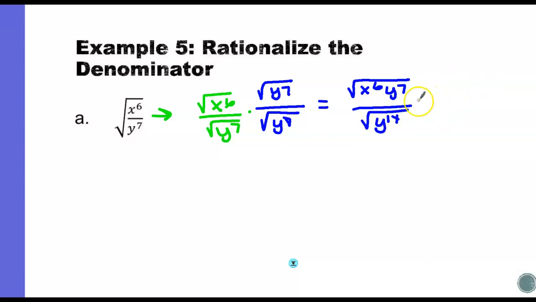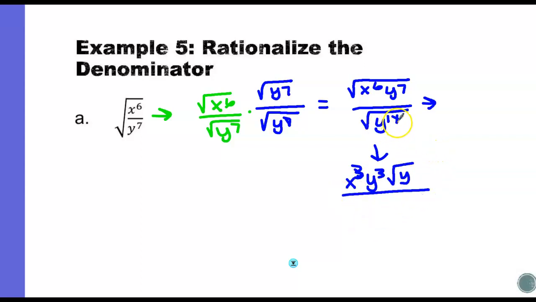So let's go ahead and reduce those as we know how. So it is a square root, so I'm looking for pairs. On the numerator, I'm going to have 3 pairs of x's. And with my y's, I'm going to have 3 pairs of y's, but with 1 y left under here.